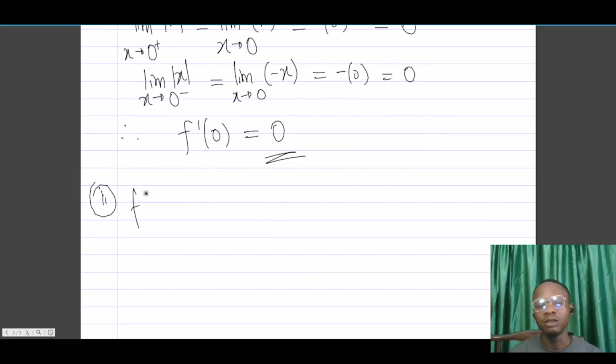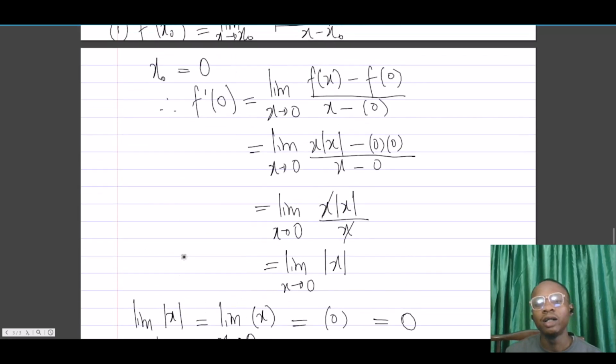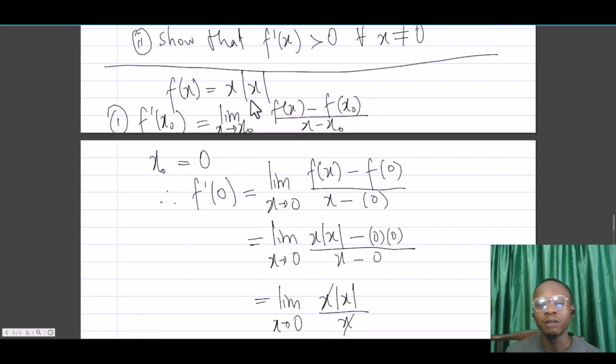For this case, we can use the formula for differentiability over an interval. Normally, f prime of x is equal to the limit of f of x plus delta x, minus f of x, divided by delta x, as delta x approaches 0. Here our f of x is x multiplied by the modulus of x.